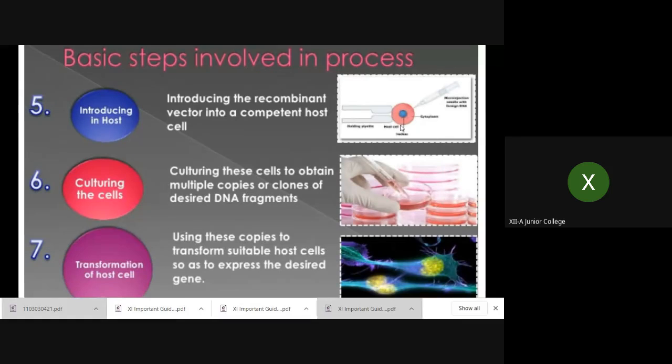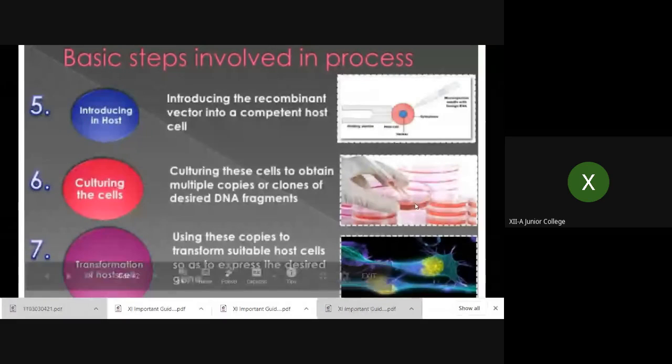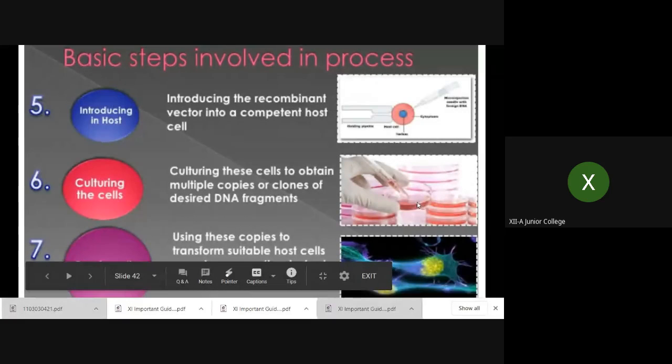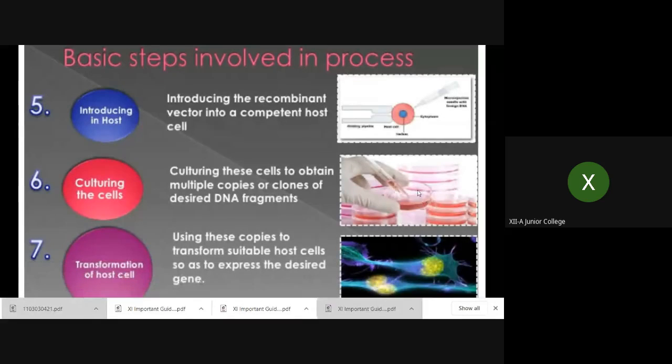Now this is grown in the culture medium. These are the artificial nutrient media. These are the glasswares used, petri plates where the nutrient medium is there as per the requirement. This nutrient medium contains growth factors and everything. So the cells are grown on the culture medium so that these host cells grow faster.